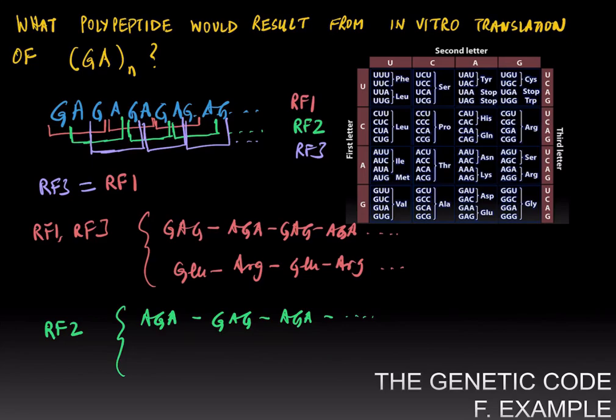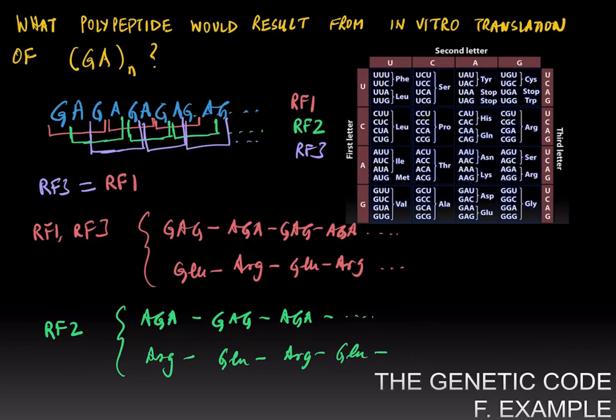And AGA still codes for arginine, and GAG still codes for glutamate, and we will get an alternating sequence of arginine and glutamate, just like in reading frame 1 and reading frame 3, so that when this polypeptide is digested, we will get a mixture of arginine and glutamate.